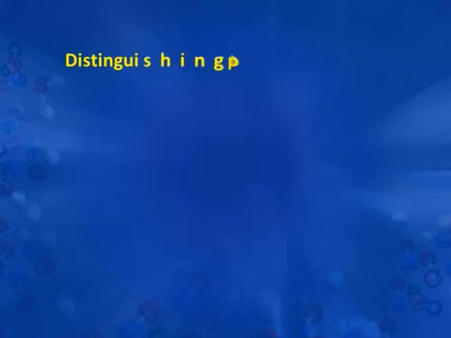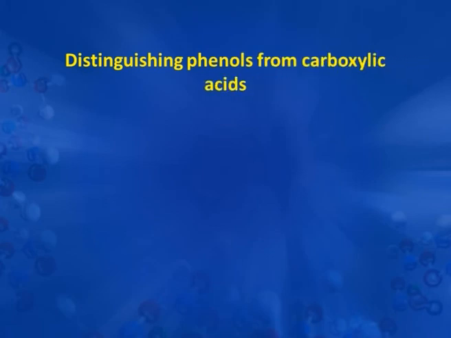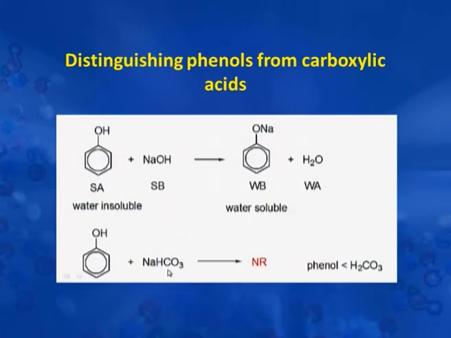We will now discuss the chemical test which is used in laboratory to distinguish between carboxylic acid and phenol. As we have discussed earlier, carboxylic acids are more acidic than phenol. Carboxylic acid can react with weak bases like sodium bicarbonate and produce carbon dioxide, whereas phenol does not react with sodium bicarbonate.